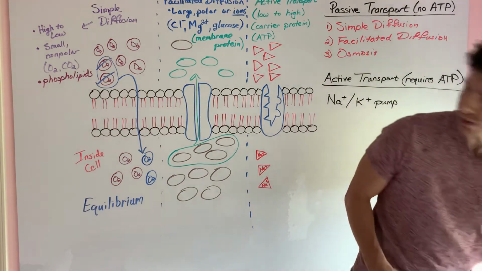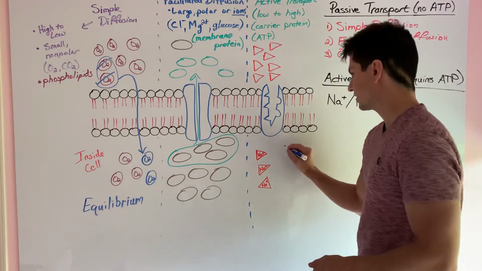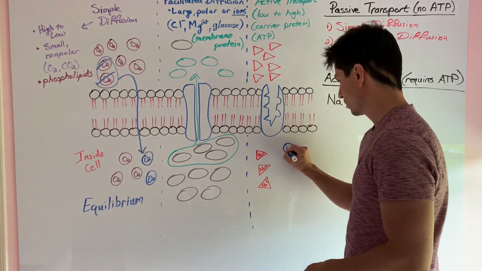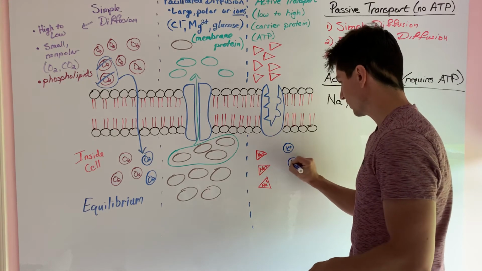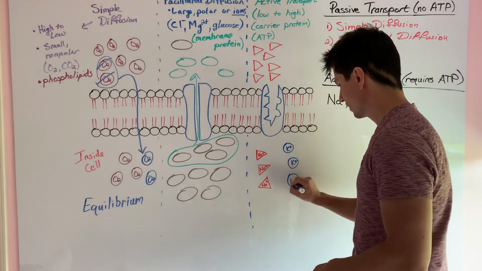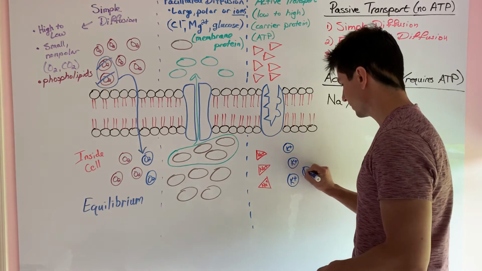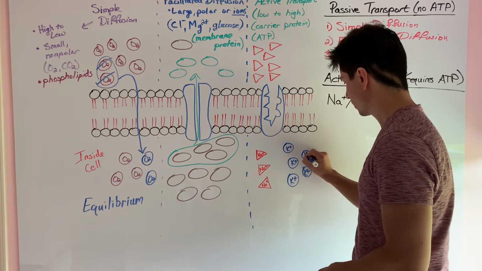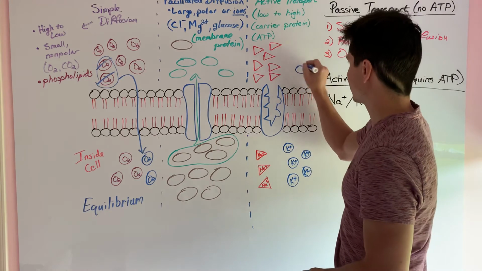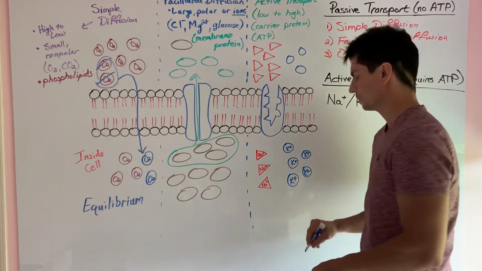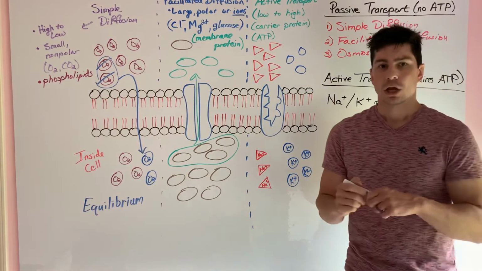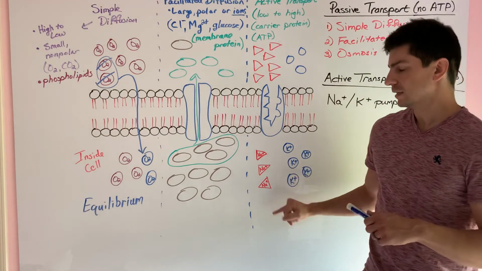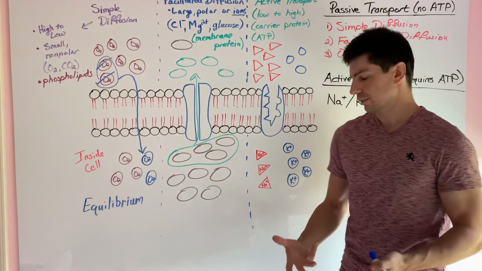Let me draw some potassium for us here. So here is our potassium. I'm going to make it into circles. And we're going to have a good bit of potassium inside of our cells and just a little bit outside. Cool. All right. Potassium does not make water follow it.